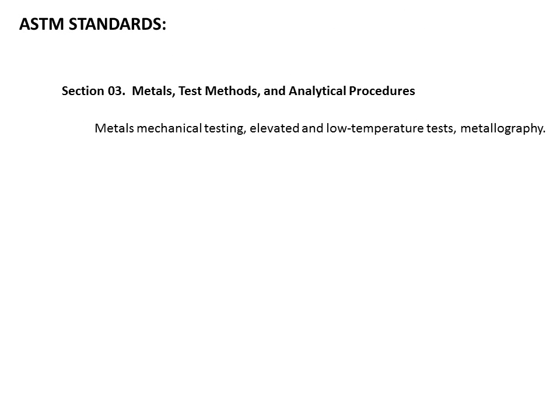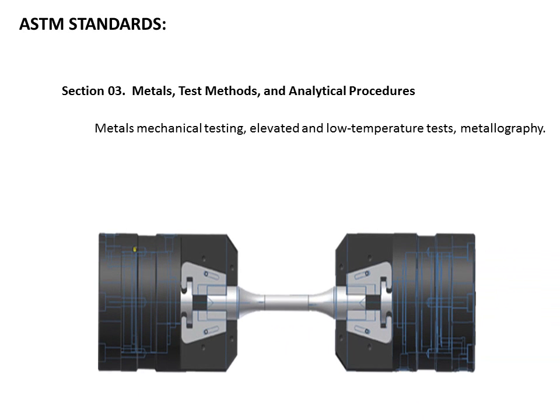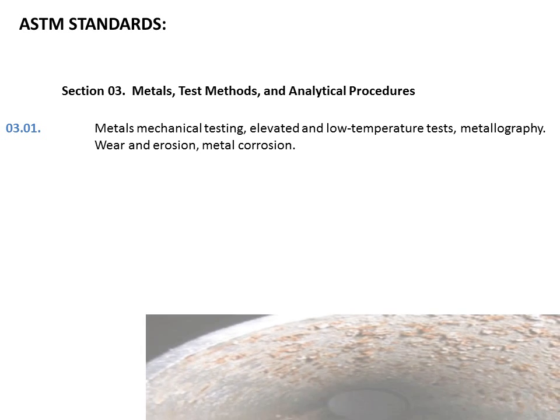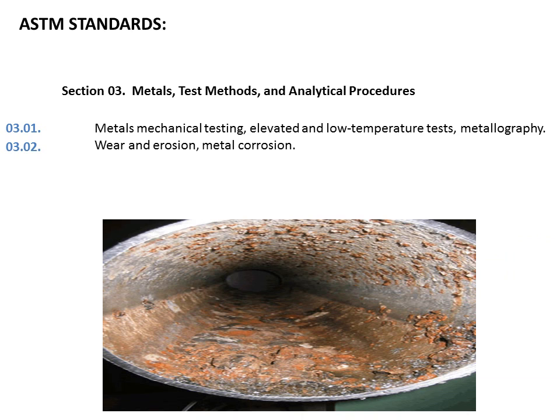Next, coming to section 3, devoted to metals, test methods, and analytical procedures. For metals mechanical testing, elevated and low temperature tests, metallography, we have volume 3.01. For wear and erosion and metal corrosion, we have volume 3.02.